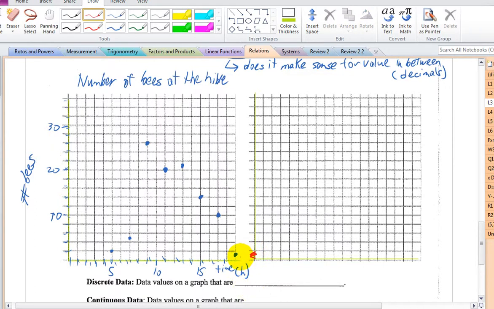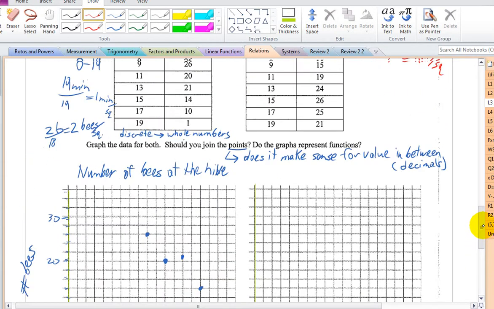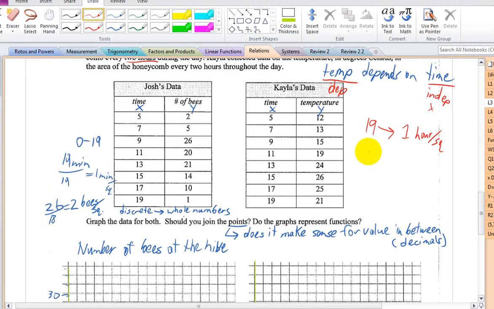What that means is that's 0, but I'm going to jump up to 12. So it's cheating a little bit. For temperature, because everything's between 12 and 26, I only have 14 degrees I have to plot.